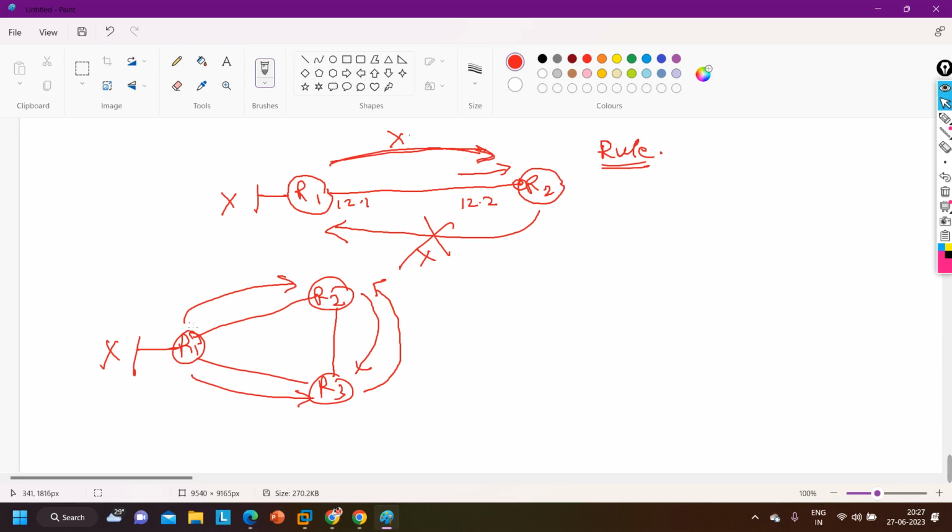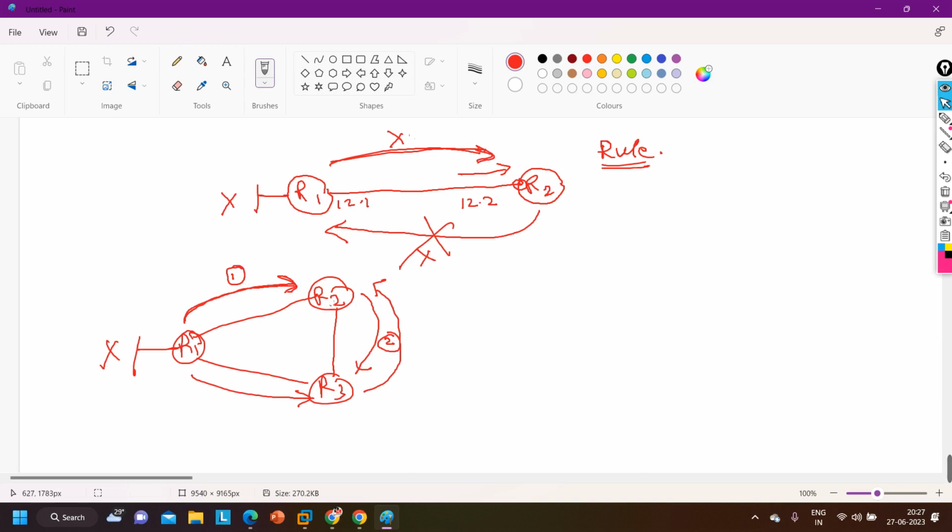There is no rule like that. See, when R1 is sending update to R2, hop count is 1. When R2 will share to R3, hop count will be what? 2.